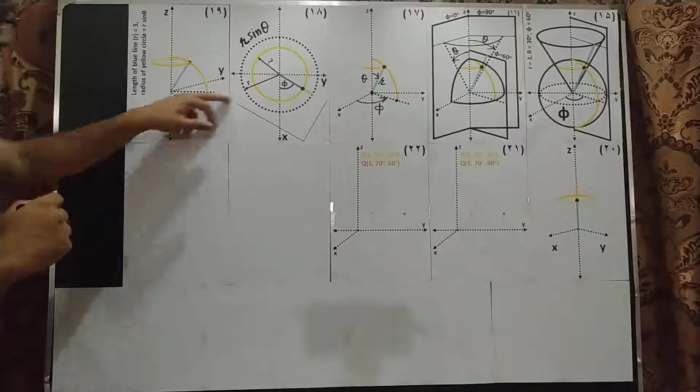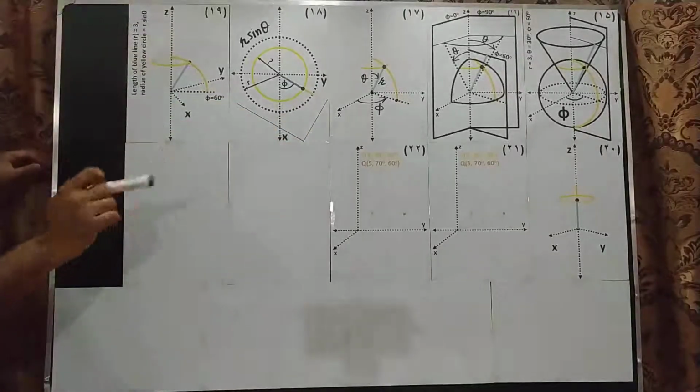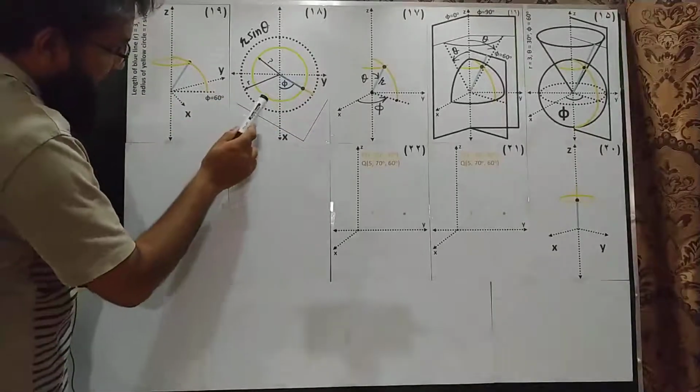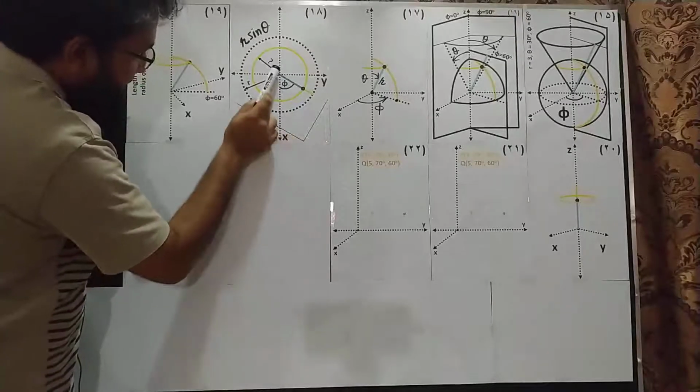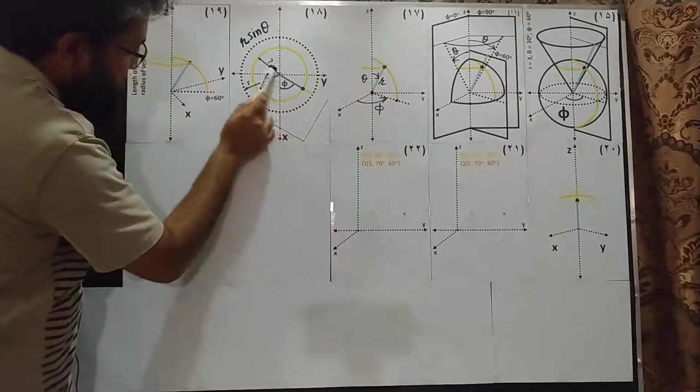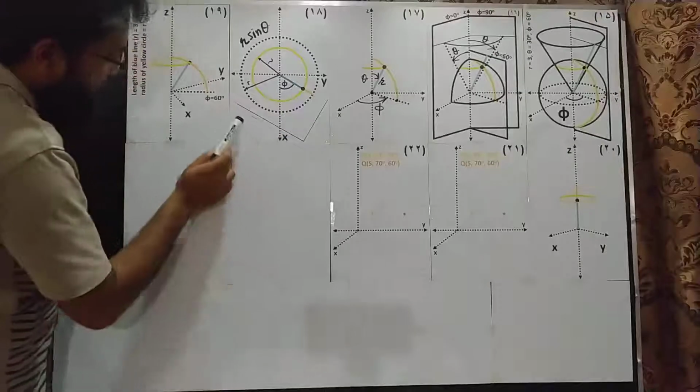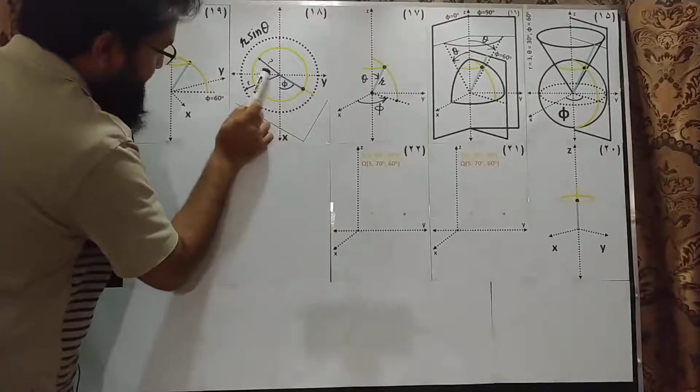So why these lines? If you could just see that this line is perpendicular to this line, okay, and this line is parallel to this line.